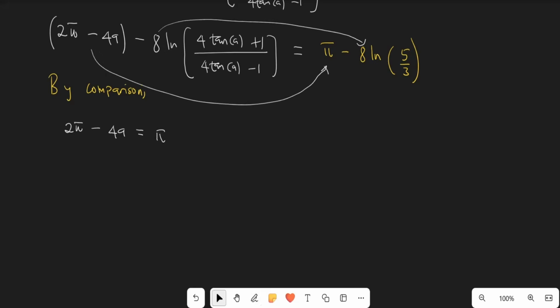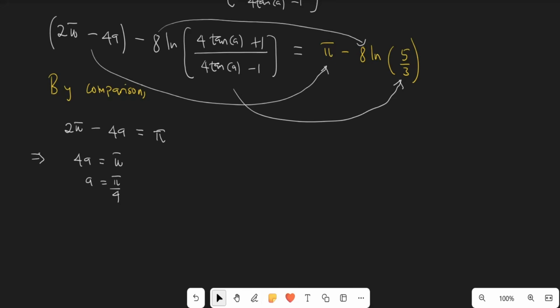And the idea is that the ln of this expression is equal to the ln of 5 over 3. That is the comparison we are drawing here. So 2 pi minus 4a equals pi. Let's find a here. That implies that 4a is equal to 2 pi minus pi, that is pi, and a is going to be pi over 4 for the first one.